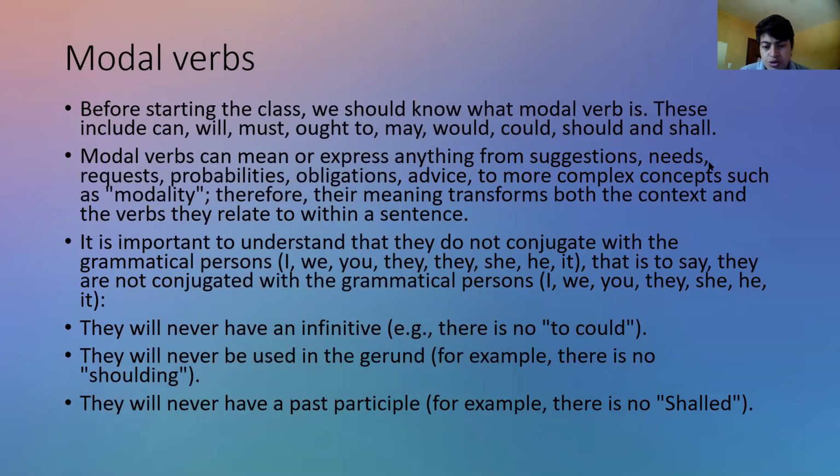They will never be used in the gerund. For example, there is no "shoulding", and they will never have a past participle. For example, there is no "shalled". Okay, we need to understand these rules for a better understanding of how to use the modal verbs.